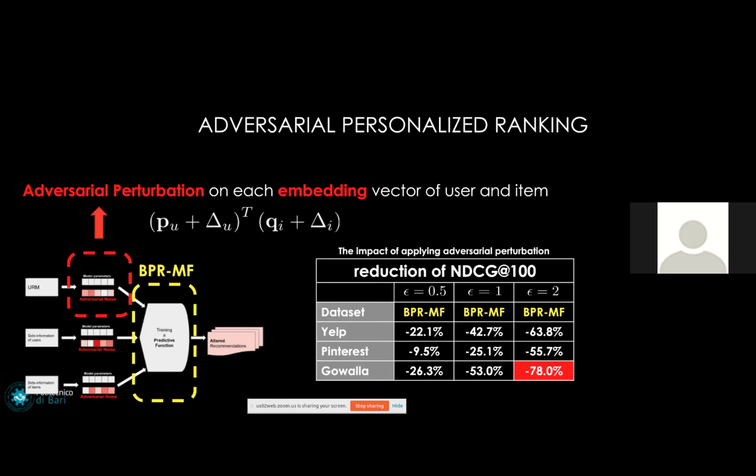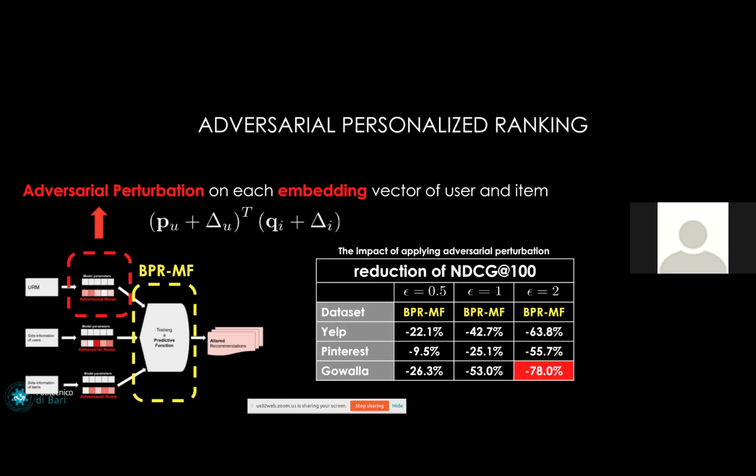For example, as you can see in this table, for NDCG at 100, it was shown that on the Koala dataset, when we change epsilon from 0.5 to 2, we can reduce the quality of the recommendation from -26% to -78%.